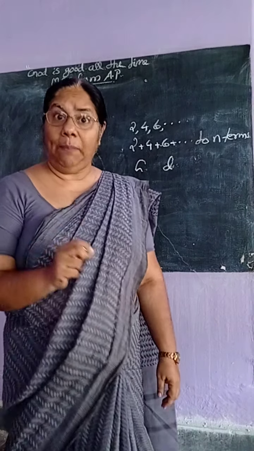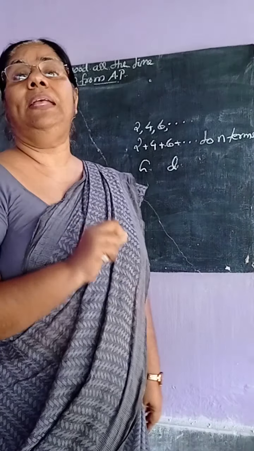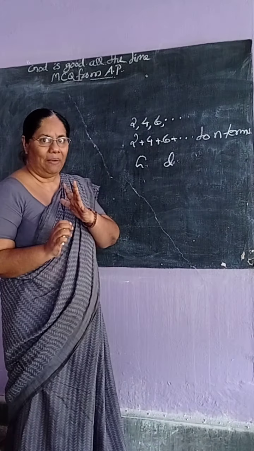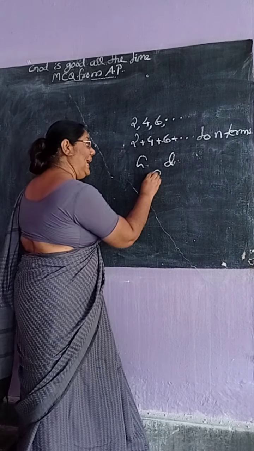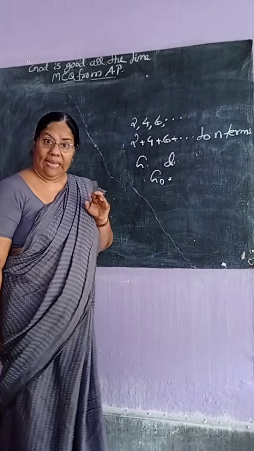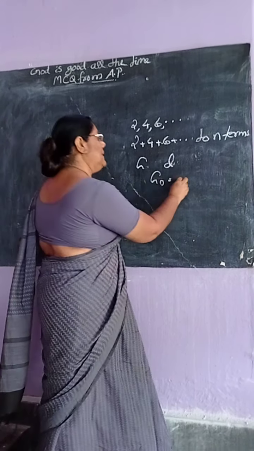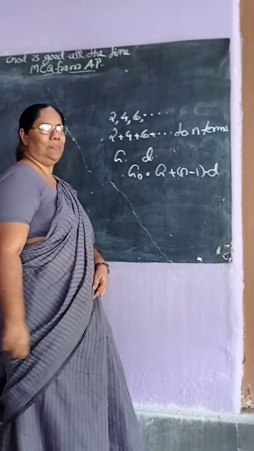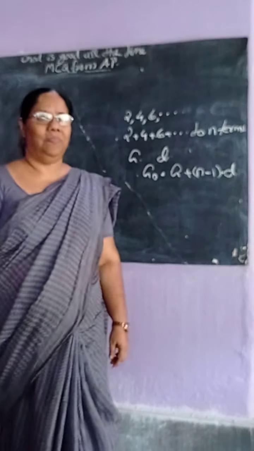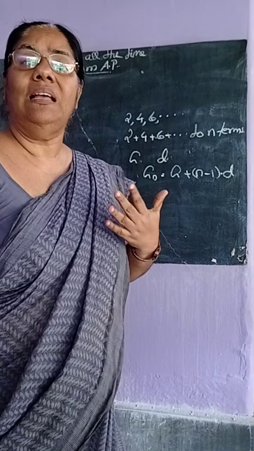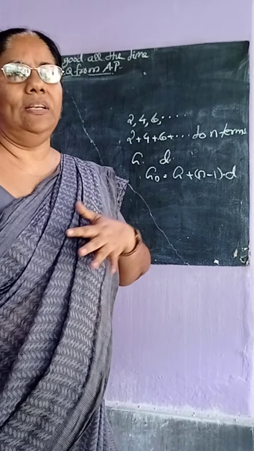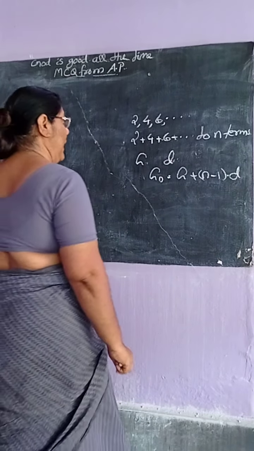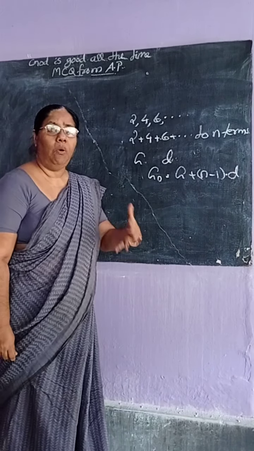Then the nth term of an arithmetic progression, AN, is A plus n minus 1 into D. In the previous class, I discussed all those portions. Now, our aim is to find the sum of n terms.